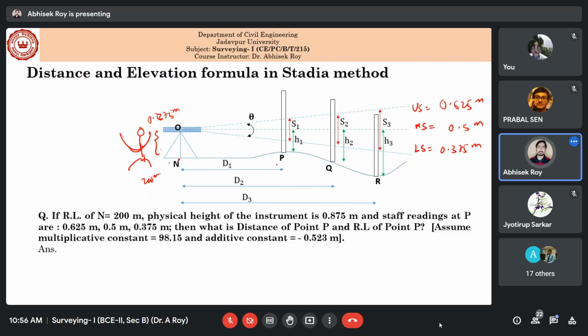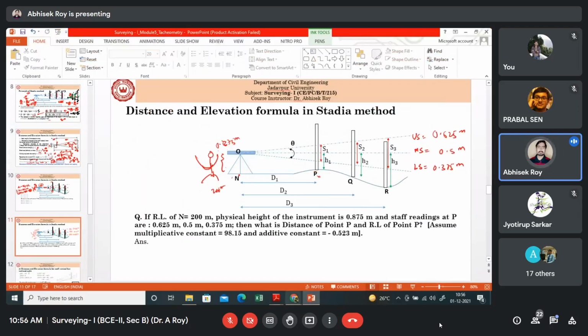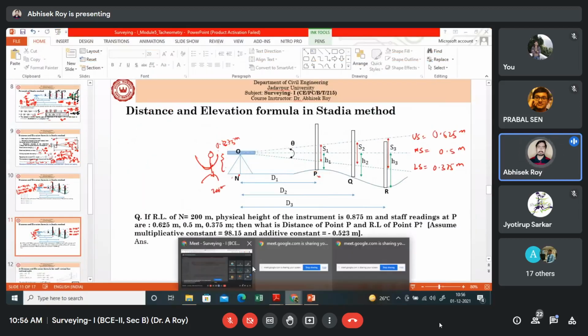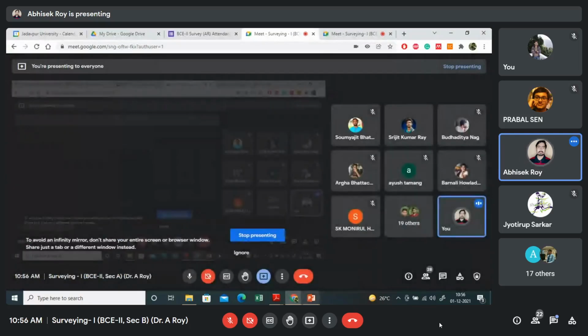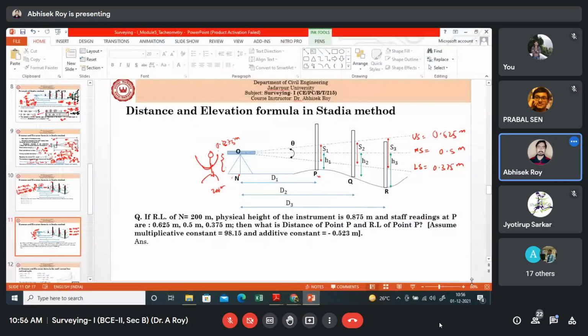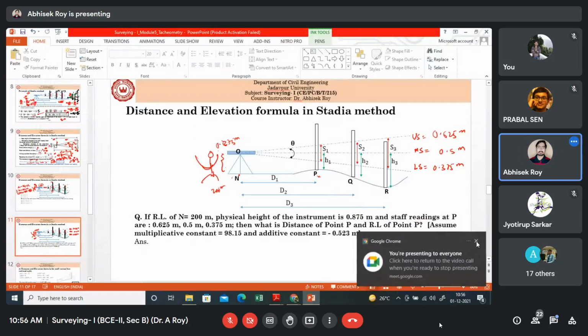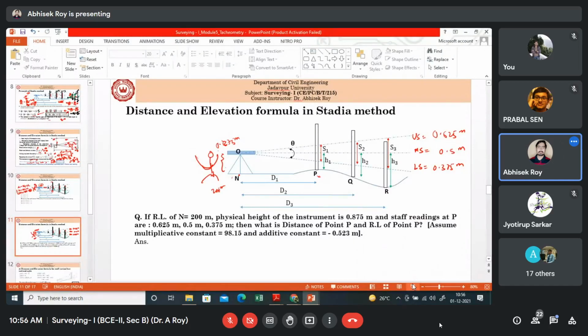You also want to calculate the RL of point P. If you have understood the whole process till now, you can easily calculate just by applying the tachometric principle.